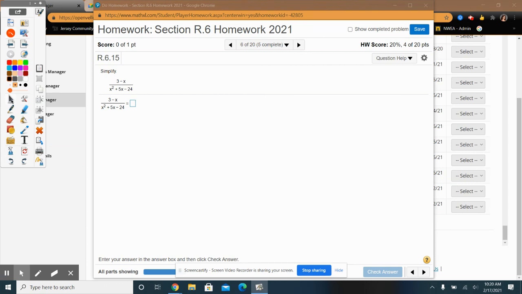So when you're simplifying, all you need to do is factor the top and factor the bottom. And you're looking for like pairs that you can simplify out. Now, on the top here, you have 3 minus x, which is a little weird because we're used to seeing it look like x minus 3, and that's going to come into play in a second.